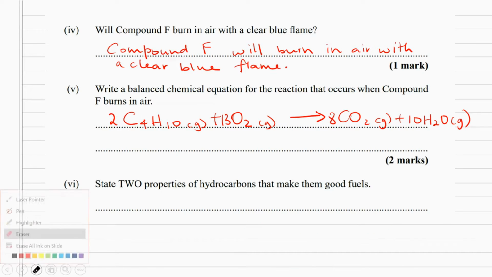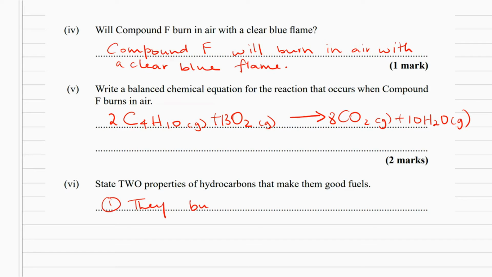The last question says, state two properties of hydrocarbons that make them good fuels. Hydrocarbons, as was stated before, are compounds that have hydrogen atoms and carbon atoms only. So one property that makes them good fuels is that they burn easily when they're ignited. That's one property you want in a fuel: it burns easily.